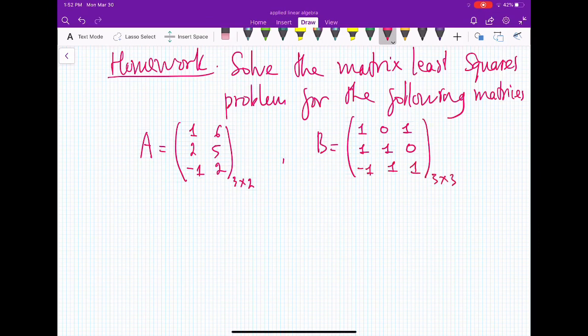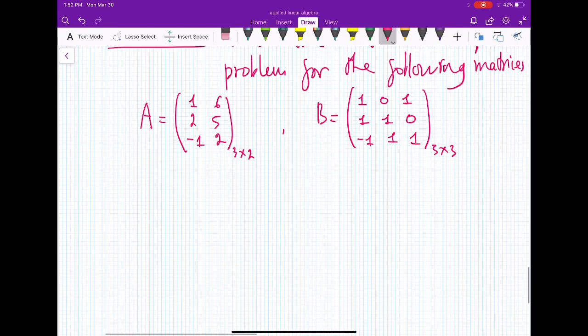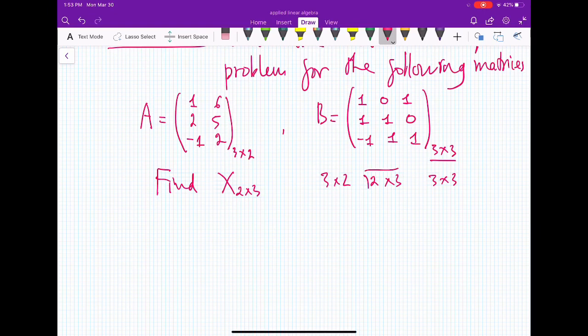That is 3 by 3. So basically you need to find matrix X. And the matrix X is of size 2 by 3, right? Because A is 3 by 2, so you would need 3 by 3 in here. That means this should be 2 by 3.